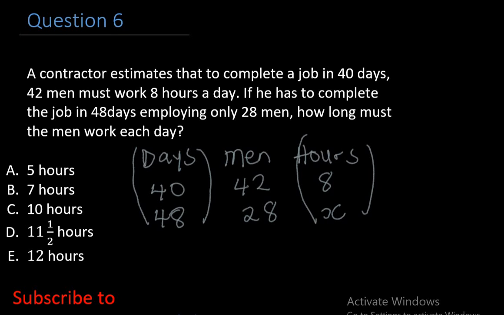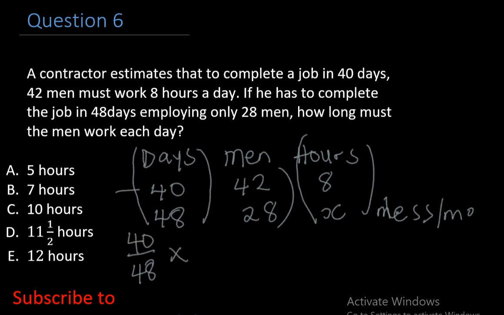So instead of spending 8 hours, you can spend lesser hours and still be able to complete it. So since it's going to take less hours because the days are more, if less, more under. The more is 48, it will be the denominator. 40 is the less, it will be the numerator.